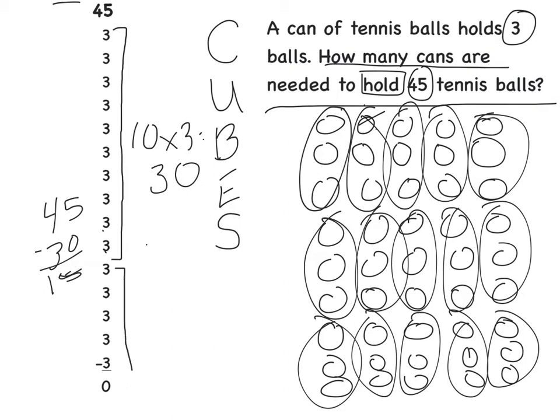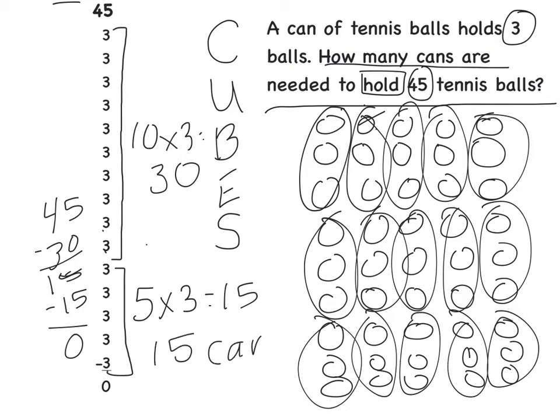If I count how many 3s I have here, it's 1, 2, 3, 4, 5. So that means I have 5 groups of 3, which is 15. Well, 15 minus 15 is 0. So now I know that I have 15 3s that I had to subtract to get to 0. So that means that 15 cans are needed to hold 45 tennis balls.